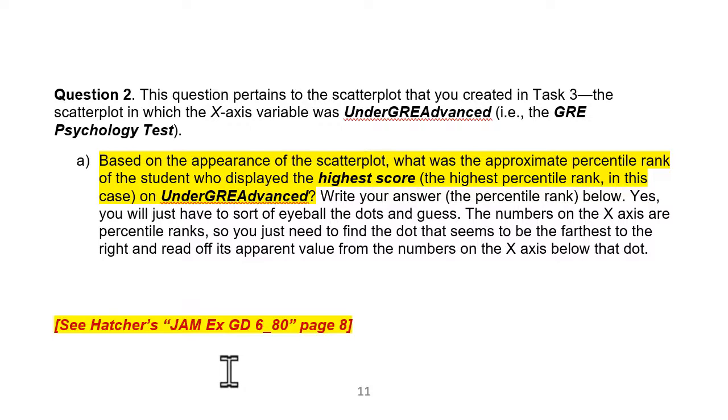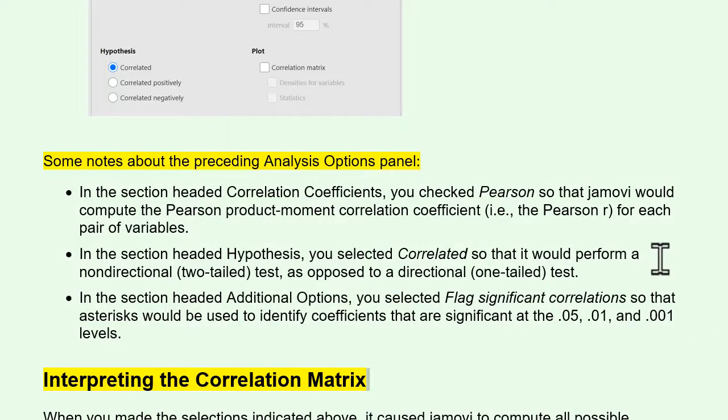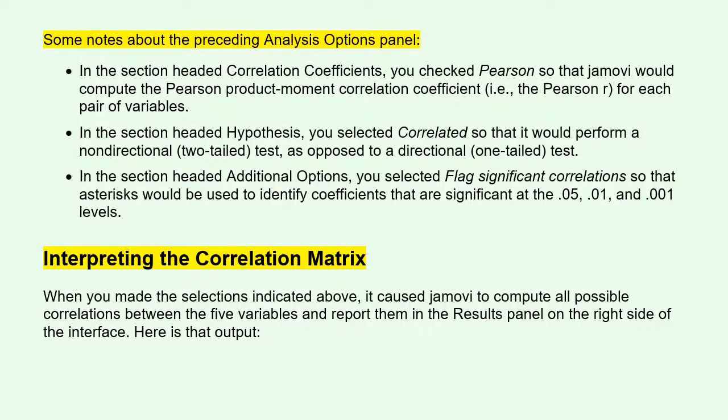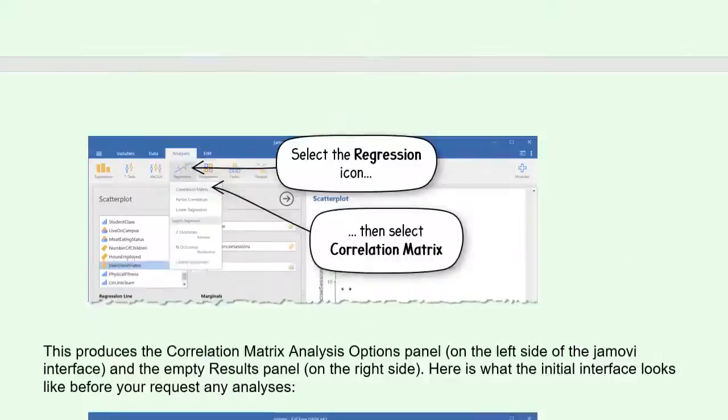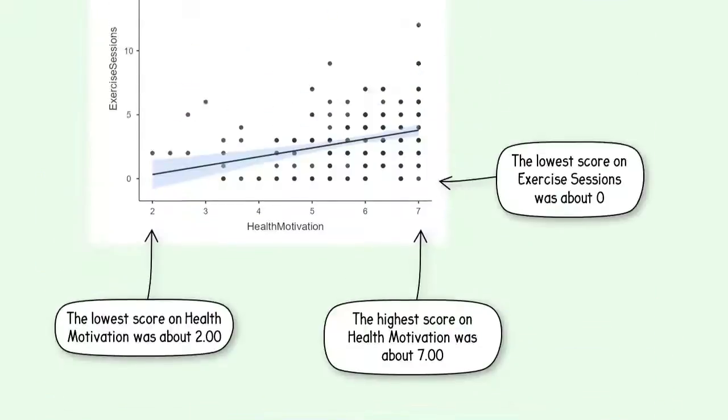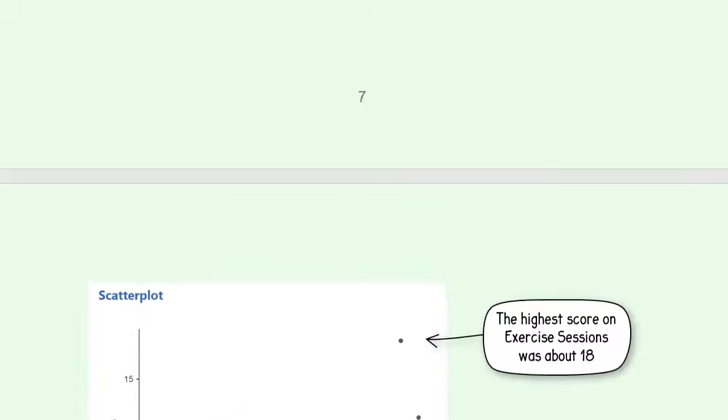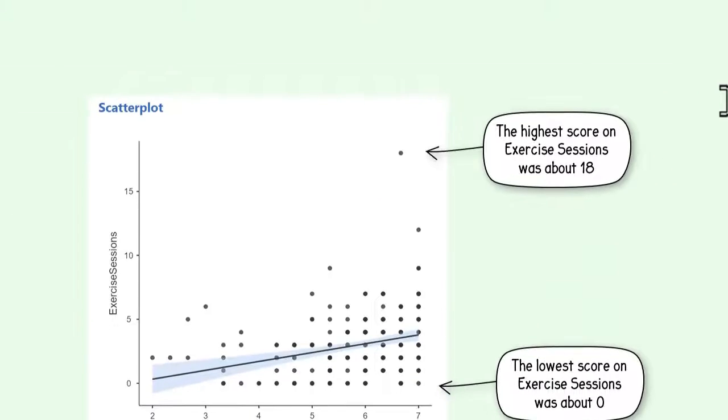Well, look at the Jamovi Guide for the current chapter, specifically page 8 of the Jamovi Guide. Let's see if that is helpful. We're on page 12 of the Jamovi Guide, so we need to backtrack to page 8. Okay, there's page 7.